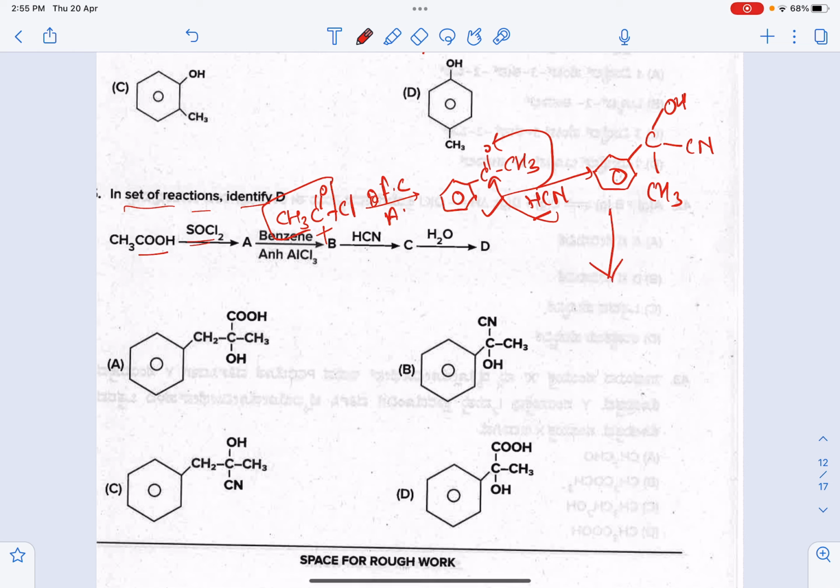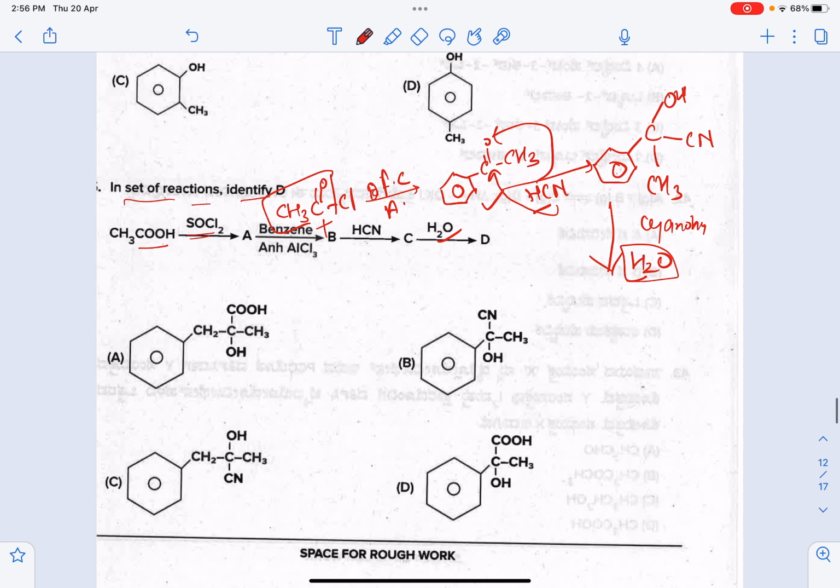This is called the cyanohydrin. When this cyanohydrin is treated with water, that is, when it undergoes hydrolysis, it forms this compound.